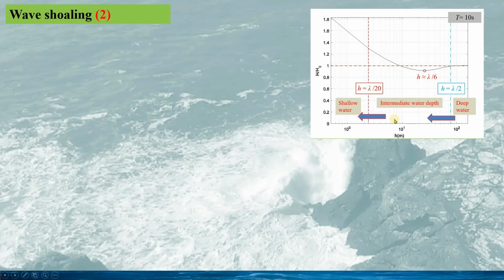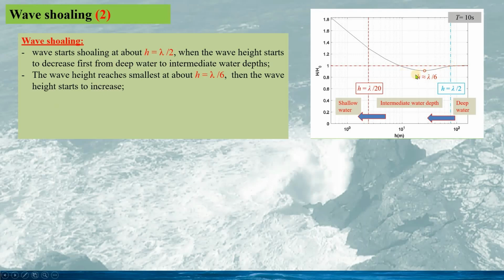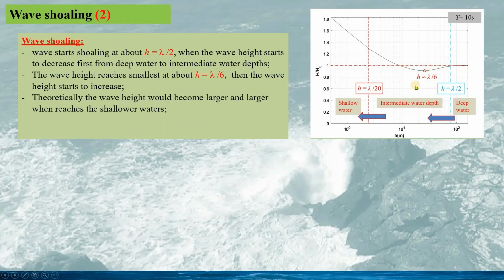In detail, from the plot, we can see the wave starts shoaling at about h equaling half of the wavelength, and the shoaling coefficient starts to decrease with the decrease of the water depth until the water depth reaches 1/6 of the wavelength. Then the shoaling coefficient increases with the decrease of the water depth. In theory, the shallower the water depth, the higher the wave height.